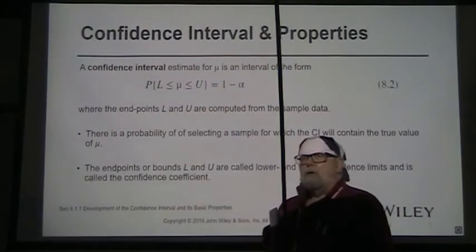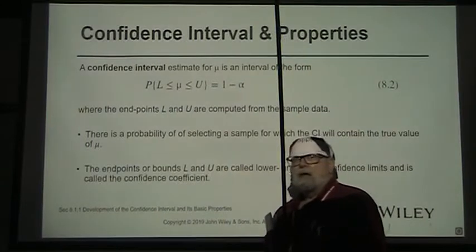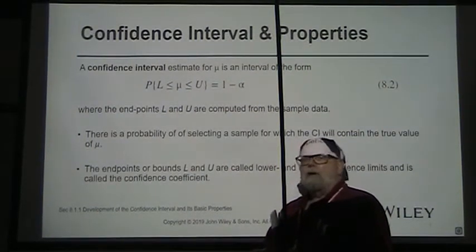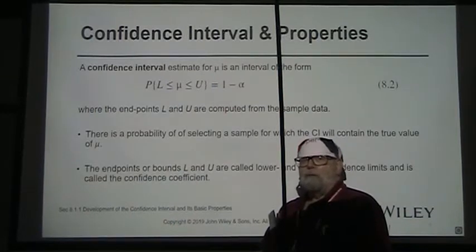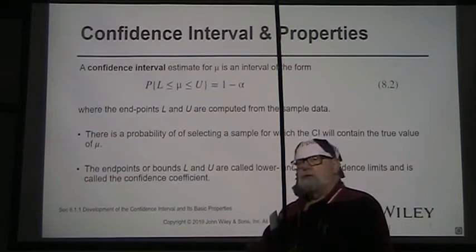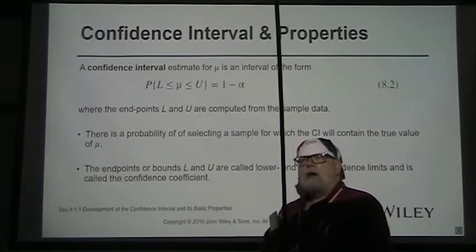Okay, so you'll notice 1 minus alpha. And you may be saying to yourself, wait a minute, alpha, we never talked about alpha before. Alpha is a concept that we use in statistics. It is what we call a type 1 error.